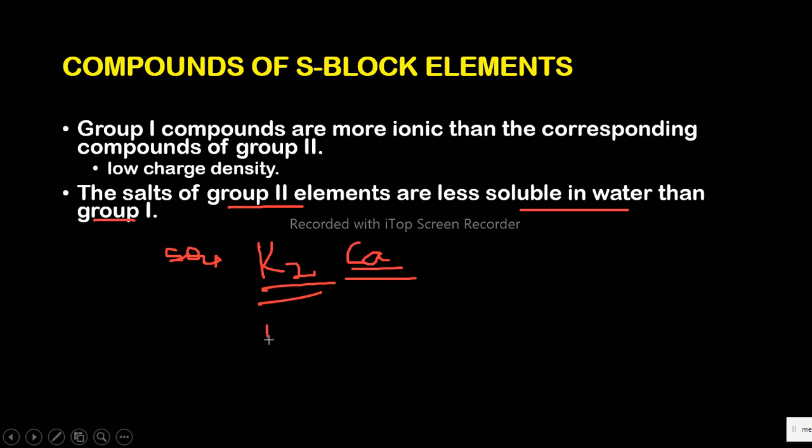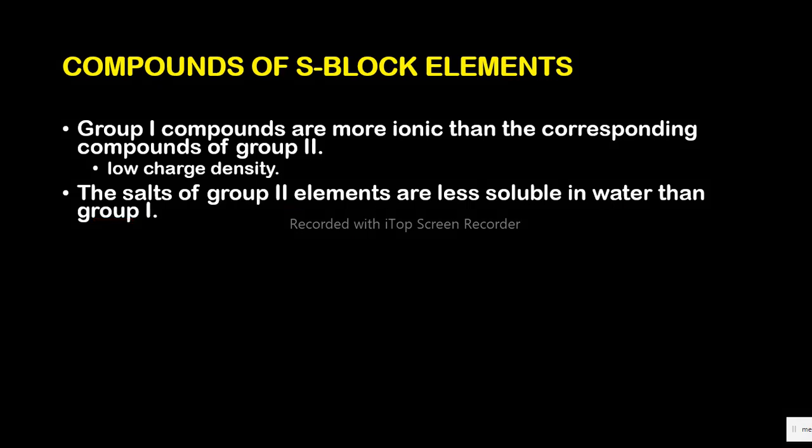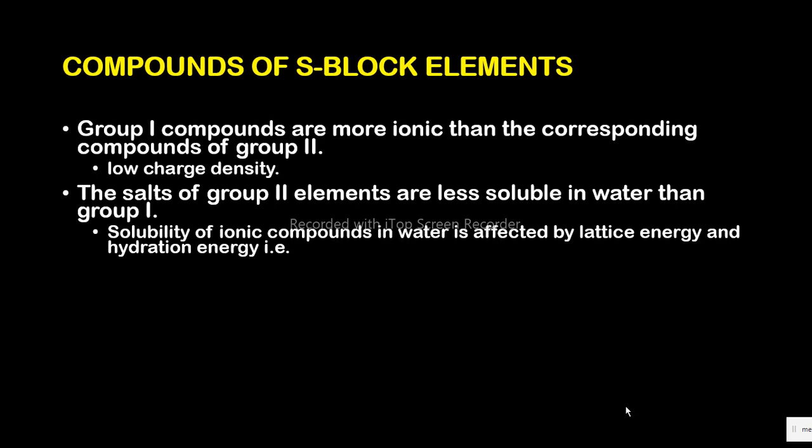If you consider hydroxides, okay, potassium hydroxide is highly soluble, but calcium hydroxide is insoluble. So the salts of group 2 compounds are less soluble as compared to their counterparts in group 1. Why? You should be in a position to explain that.